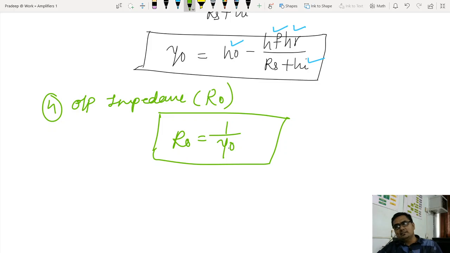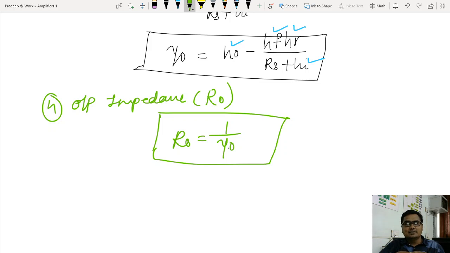But in practical, those parameters are not useful. In practical life, those hybrid parameters are not useful. Practically, we have to think in a different way if I want to use those parameters in practice.